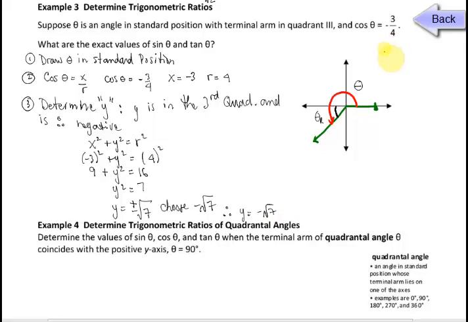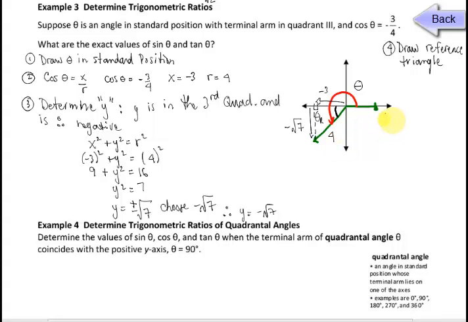Okay, next we are going to draw our reference triangle. So bring a line perpendicular from your terminal arm up to the x-axis. We know that x is -3, and we know that y is -√7, and we know that r is 4.